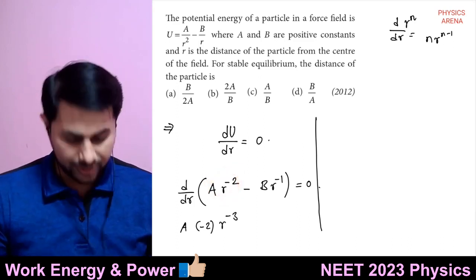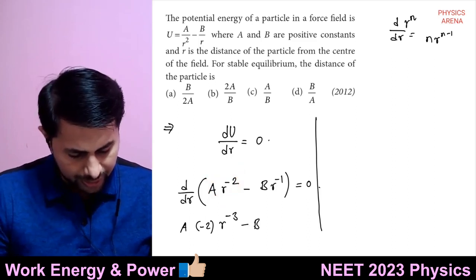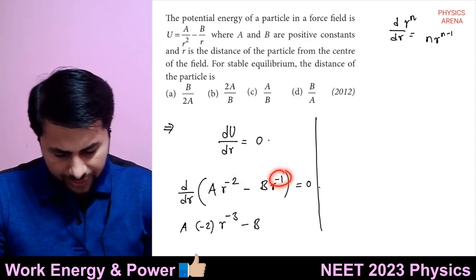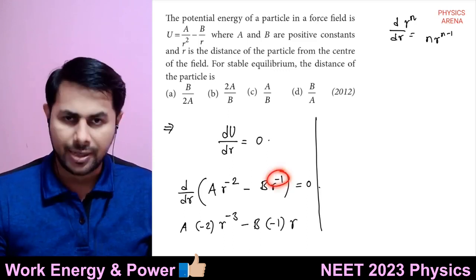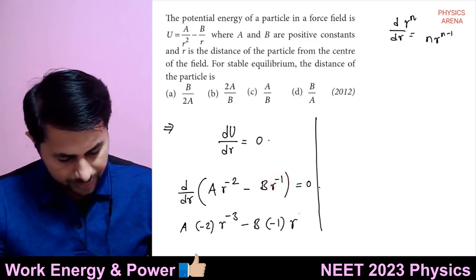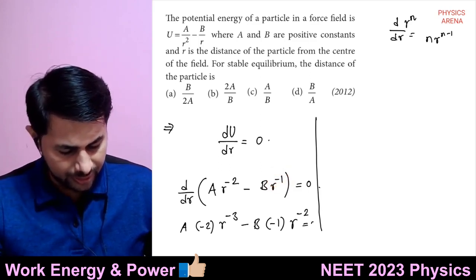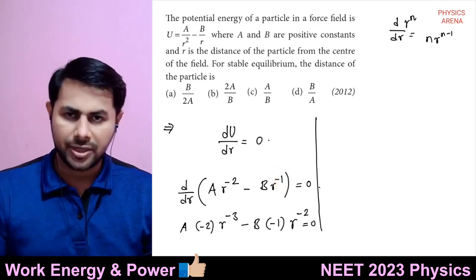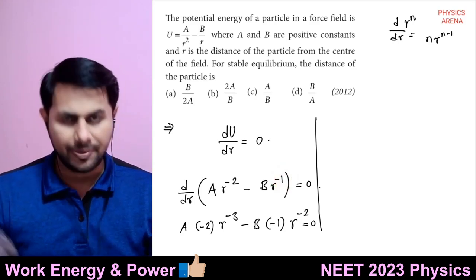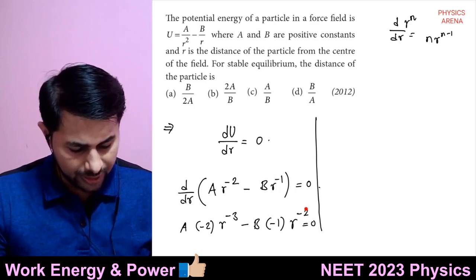A is constant. Minus B multiplied by minus 1 multiplied by R raised to minus 2. Here n is minus 1, and when you take the derivative it becomes n minus 1, so minus 1 minus 1 is minus 2.